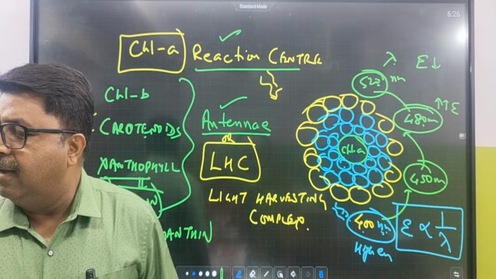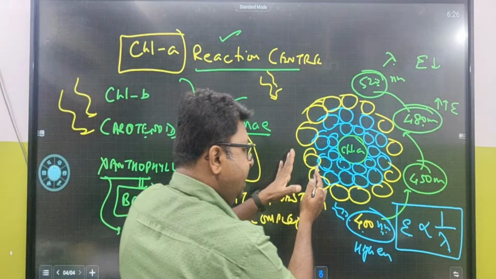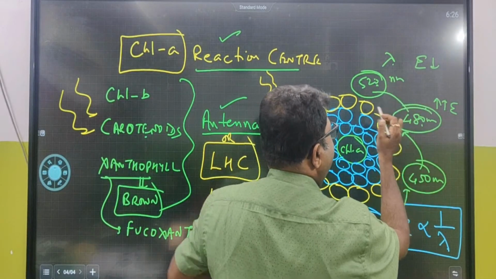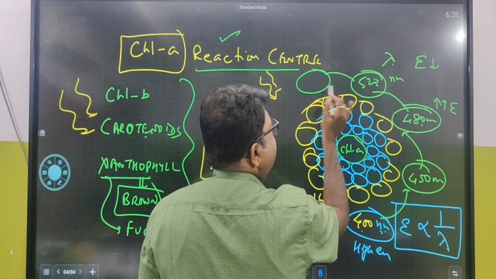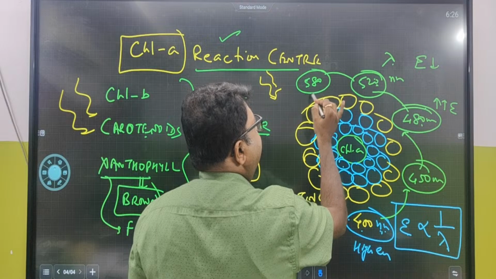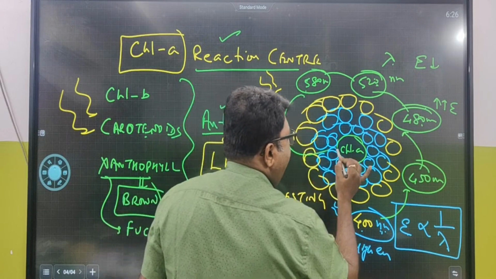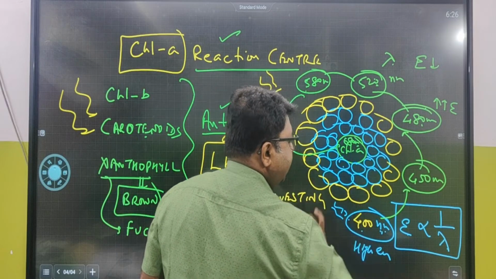Got the point? So the antenna are going to activate, one after another, say 520, then 580, and ultimately this one at 680 nanometer. Got the idea? 680 nanometer.